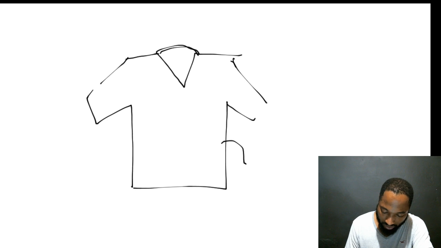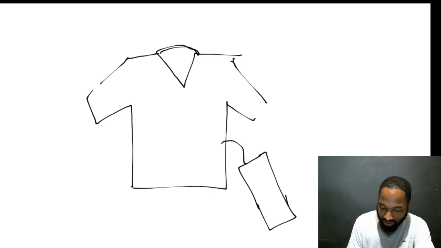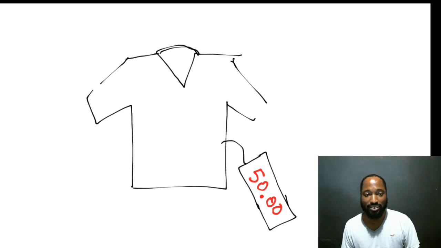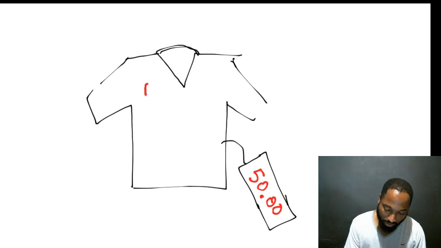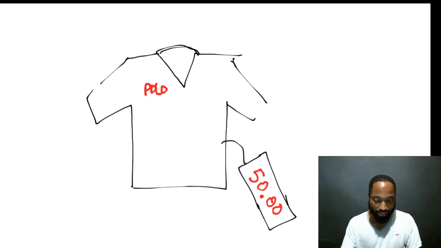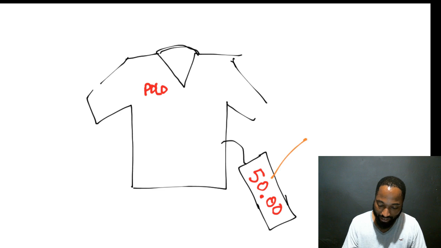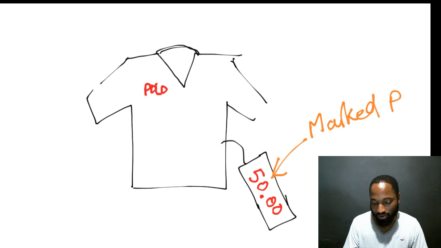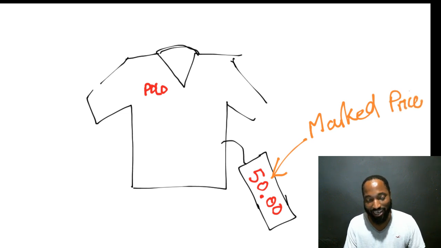If the tag on it has $50, anything you see marked there is the marked price. So what you're seeing here, that is your marked price, because that's the price that is marked down.